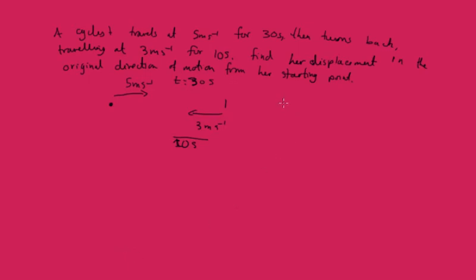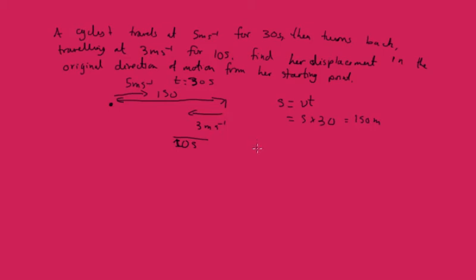So S equals VT. In the first instance, how far does she travel in 30 seconds? 5 times 30 equals 150 meters. So she's gone 150 meters in those first 30 seconds.